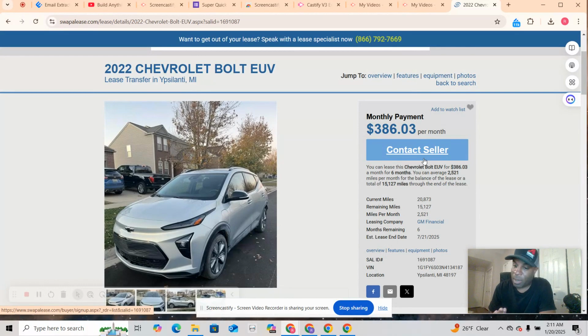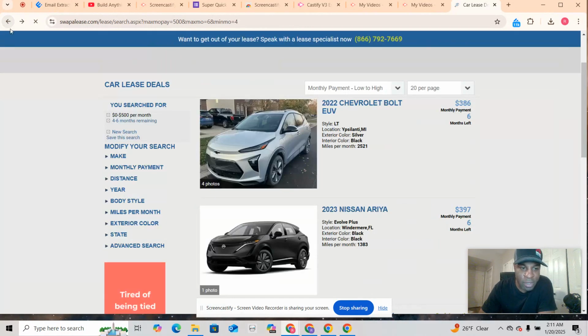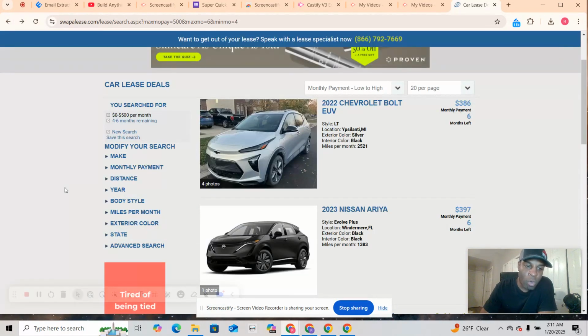Pay the 6 months up front, park the car up, and you have a paid off lease on your report. And you can do this multiple times, it really doesn't matter, as long as your credit qualifies for the lease transfer.